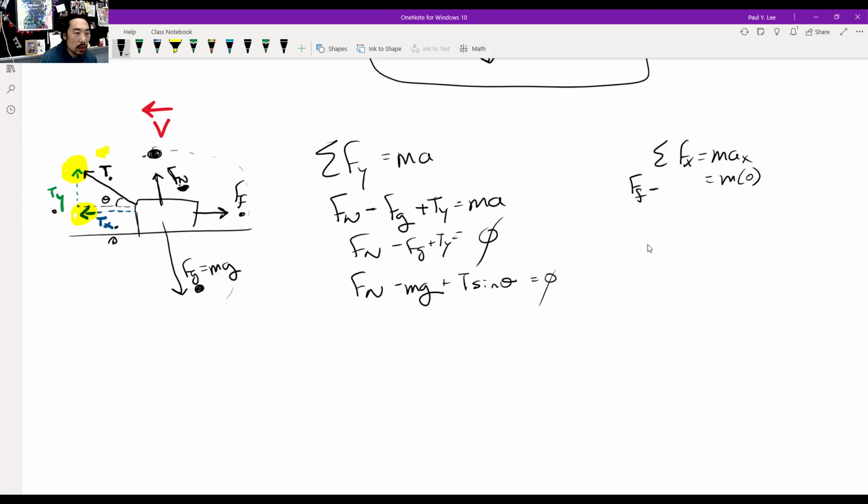Yes. And that is negative because it's pointing to the left. Ty, nope. And T, nope. All right, and that's it. That's our formula. So we can see that F of f is equal to Tx if I move this over here because all this adds up to 0. And therefore, we can say F of f is equal to T cosine of theta. Cool stuff.